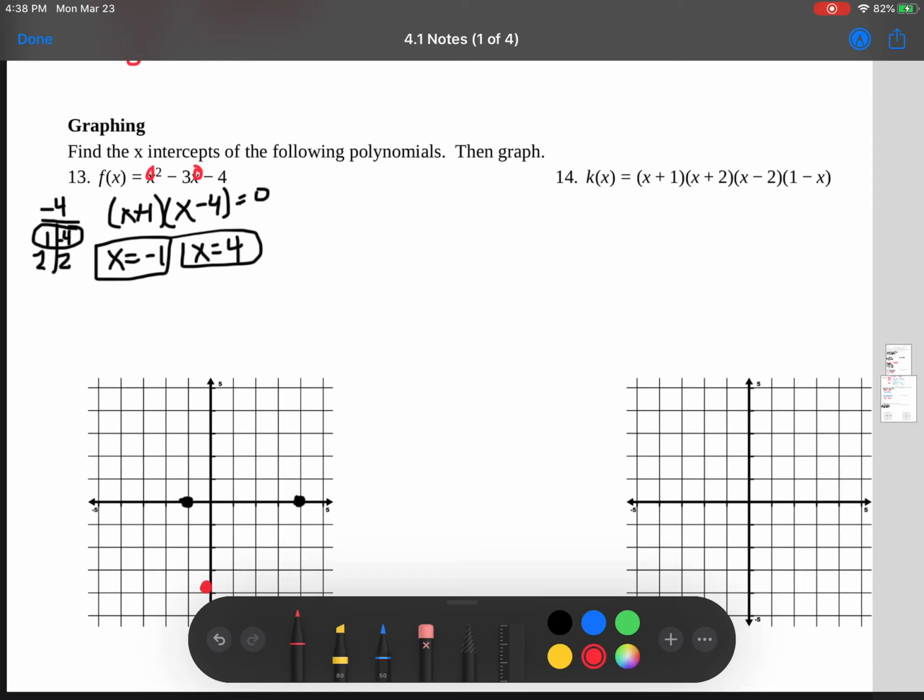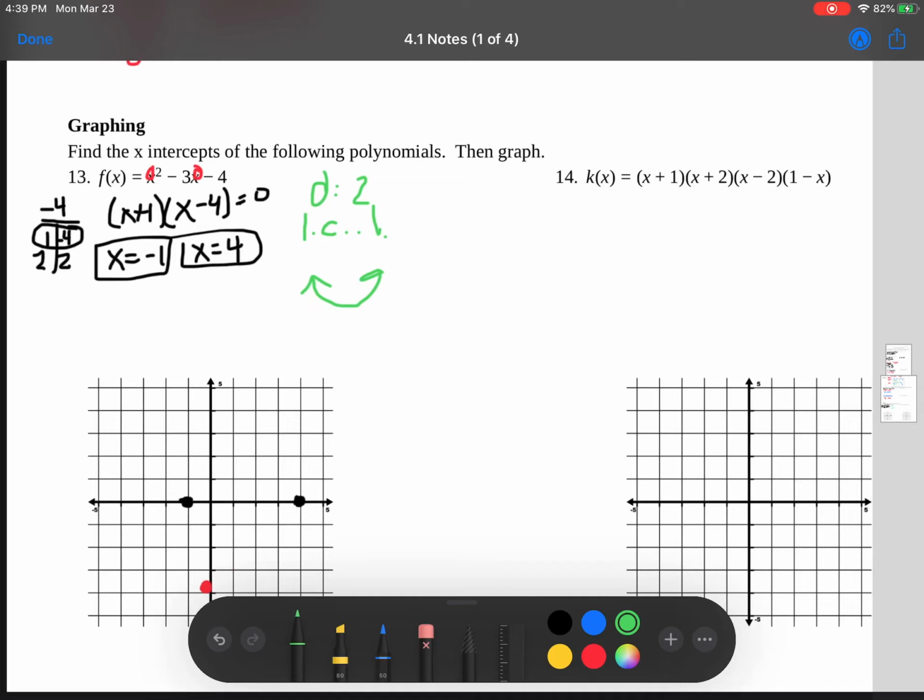Then we look at our leading coefficient and our degree to see what our end behavior will be. So my degree here is 2, and my leading coefficient is 1, so that's positive. So my end behavior needs to look like it's in this direction. So we can finish off our graph by going down. We're going to go through both of our intercepts.